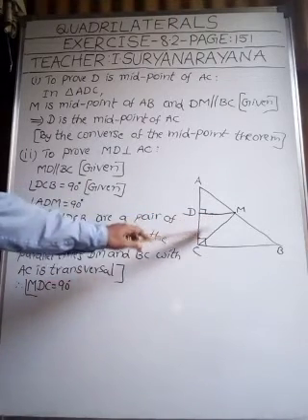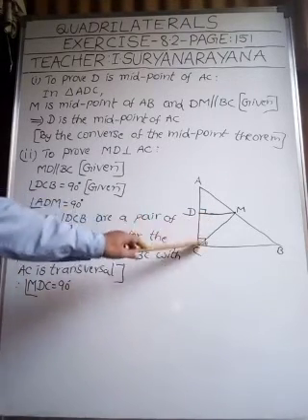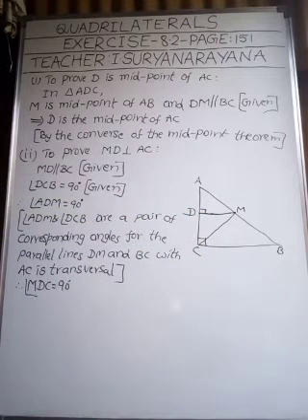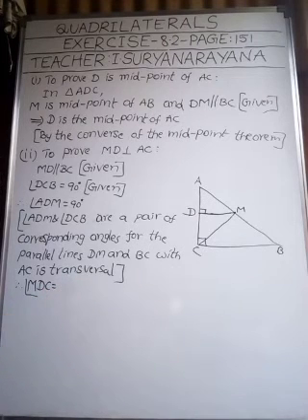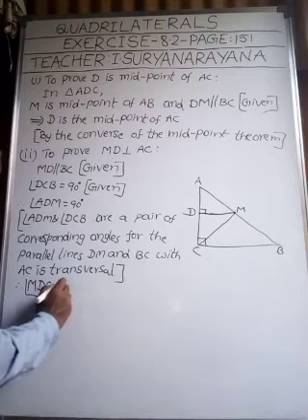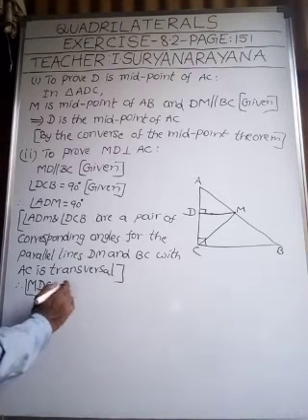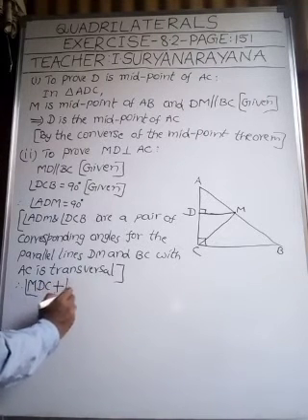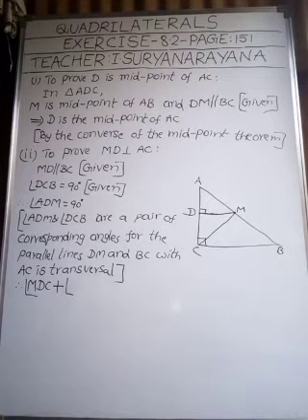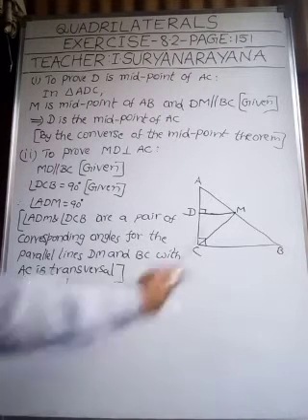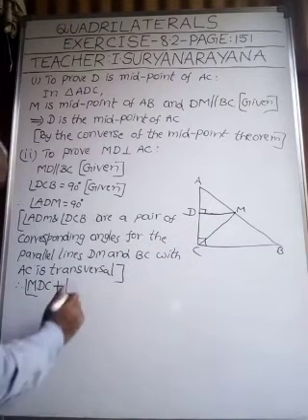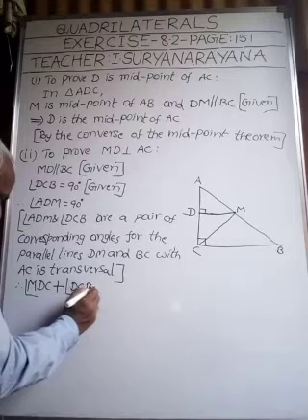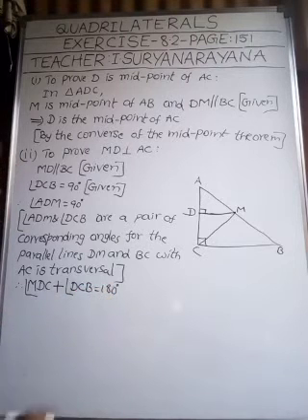Angle MDC plus angle DCB is 180 degrees.